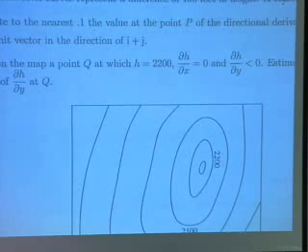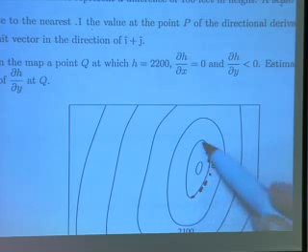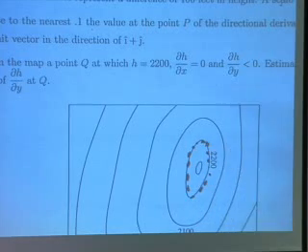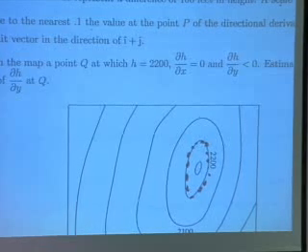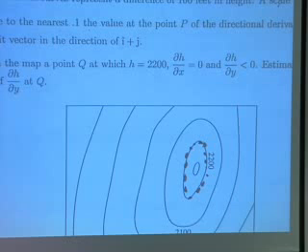We can zoom in. Here's the level 2200. Now I want partial h/partial x to be 0. That means if I change x, keeping y constant, the value of h doesn't change. So which points on the level curve satisfy that property?